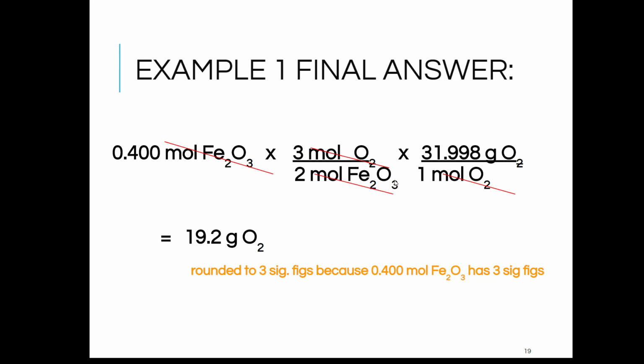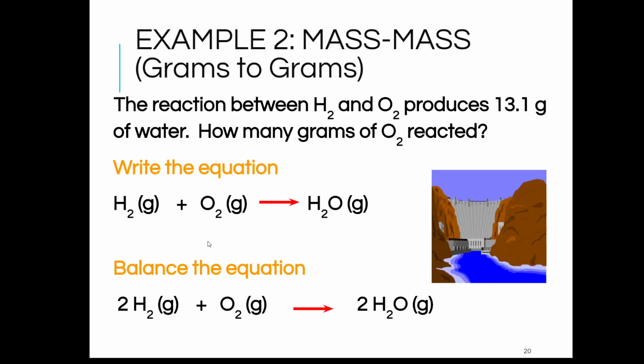Okay, and that gets canceled out. We'll have 3 moles of O2 here. And 1 mole of O2 equals 31.998 grams. Okay, when we do our math, we're just going to go ahead and use 32. And then that'll give us our amount in grams of oxygen.